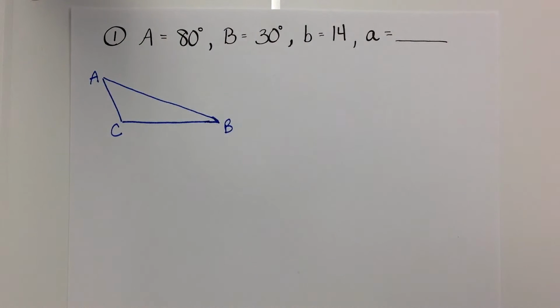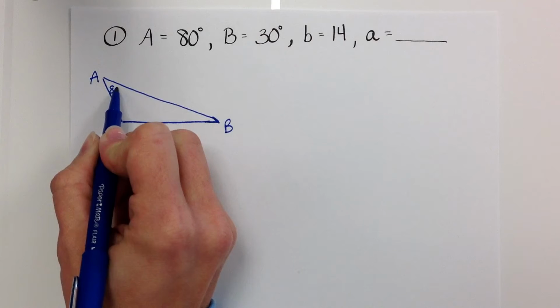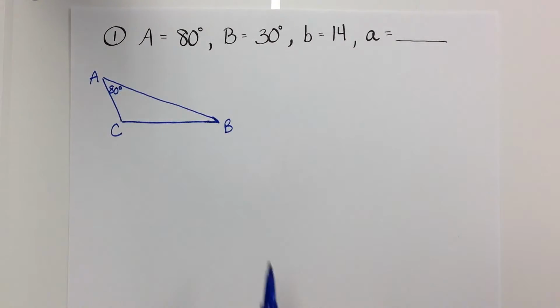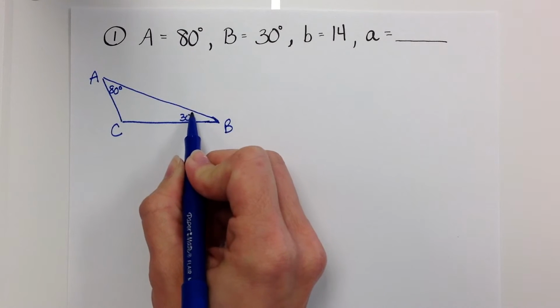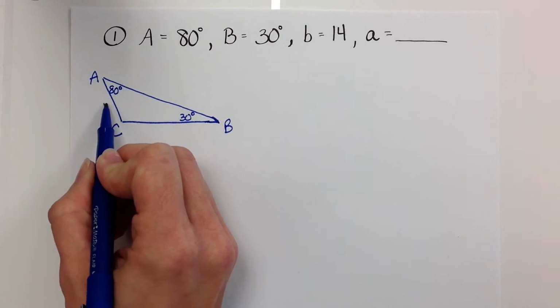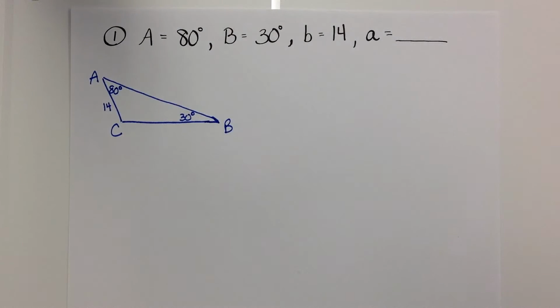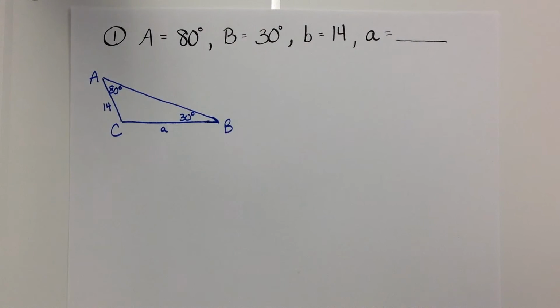Okay, so I'm given angle A to be 80 degrees. Obviously this is not true to size, which is fine. Angle B is 30 degrees, and we know side B is 14. You're asked to find side A, which would have to be this bottom side.